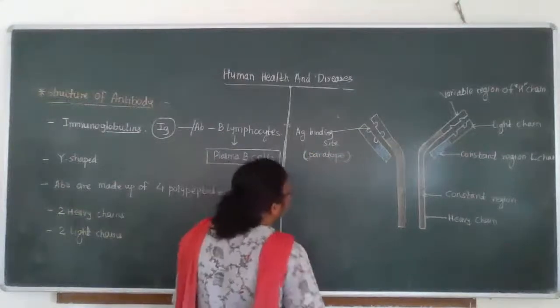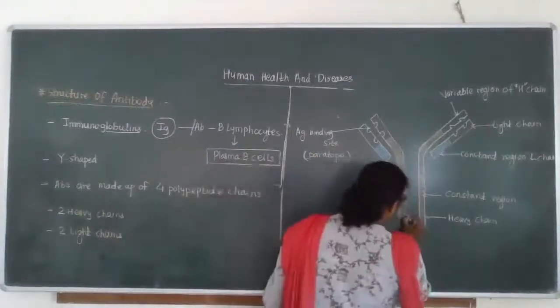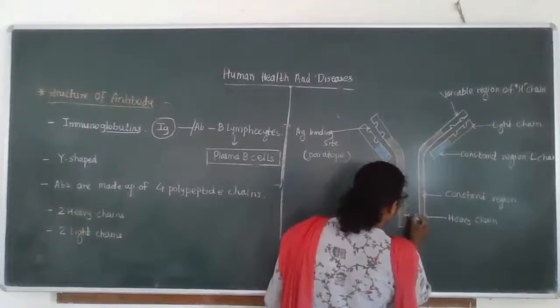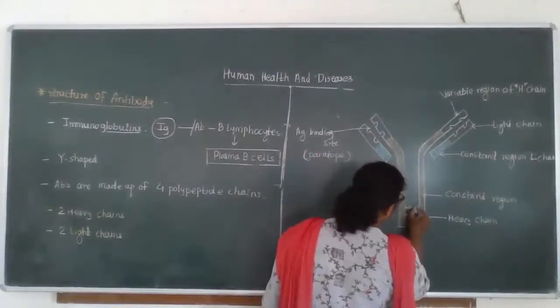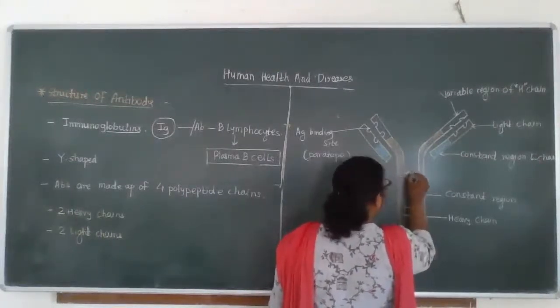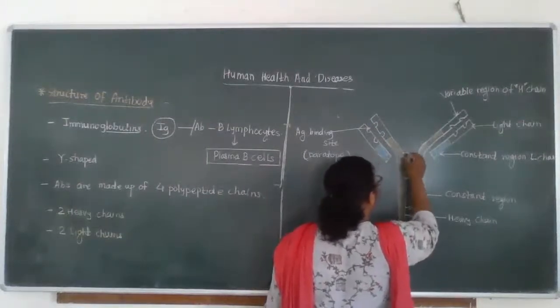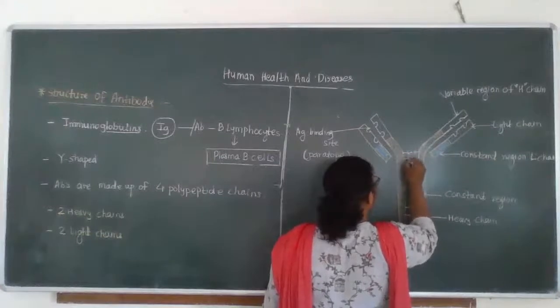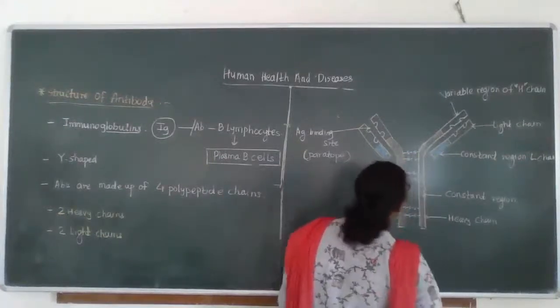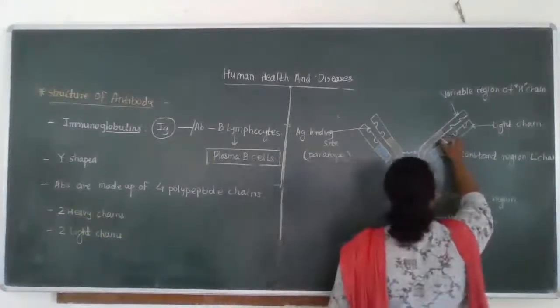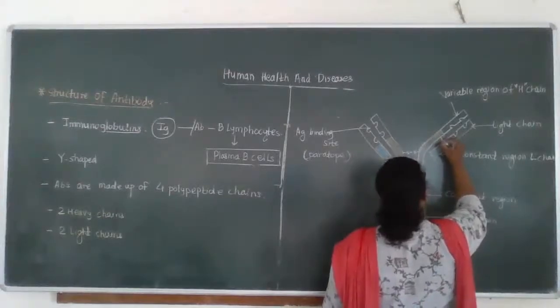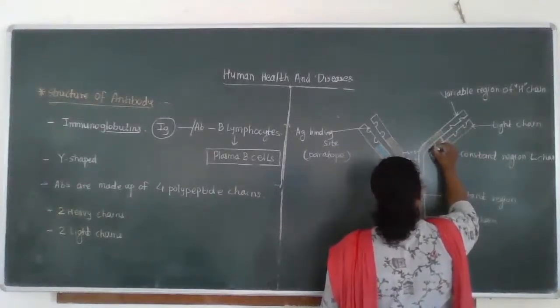These heavy chains are bound with each other by disulfide bonds. Both the heavy as well as light chains are also bound with each other by a disulfide bond.